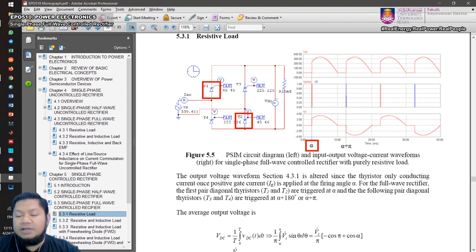Once the gate signals have been triggered at alpha, T1 and T2 will be switched on, and therefore the output voltage will copy the supply voltage. That's why we have this output voltage waveform just after alpha. What happens during negative half cycles?